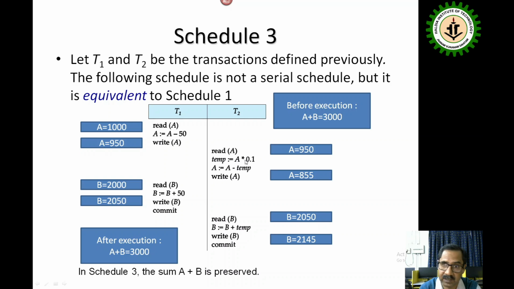T2 now starts its execution, then leaves for the execution of T1. After finishing this, T1 leaves for T2. So this is interleaved form.